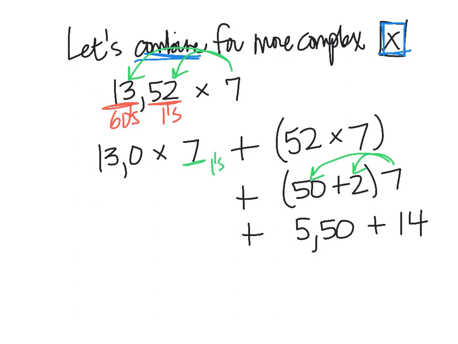This is in the ones place, and this is in the 60s place. So whatever I get has to end up over here in the 60s place. So I'm still going to think of this 13 as 10 plus 3, but I'm going to remember it's sitting over here in the 60s place.